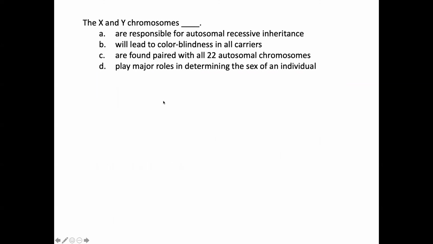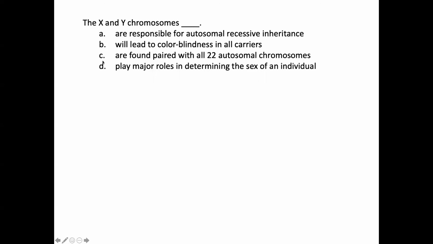Okay, see this one. So the X and the Y chromosomes, what? You can pause here again. Okay, so the X and Y chromosomes are sex chromosomes, right? Actually, A and C are related to autosomes.